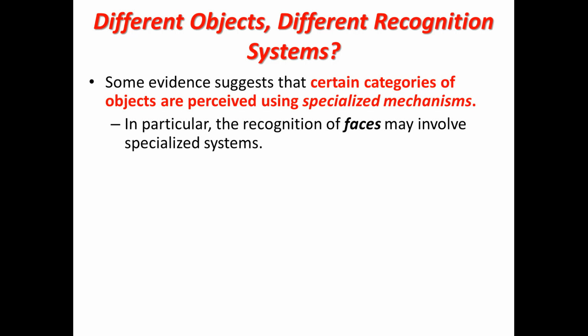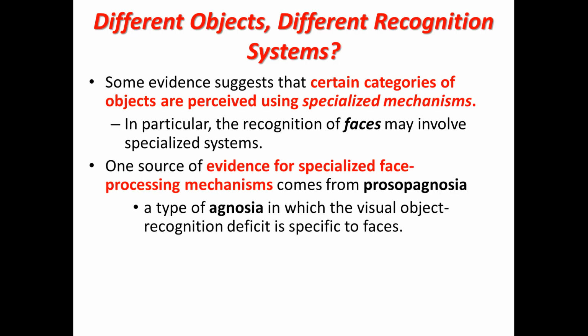There is some evidence that suggests that certain categories of objects, like faces, are perceived using rather specialized mechanisms. These specialized mechanisms go a little beyond the basic bottom-up, top-down effects. As you will see, faces are in fact perceived much more holistically than most other stimuli.